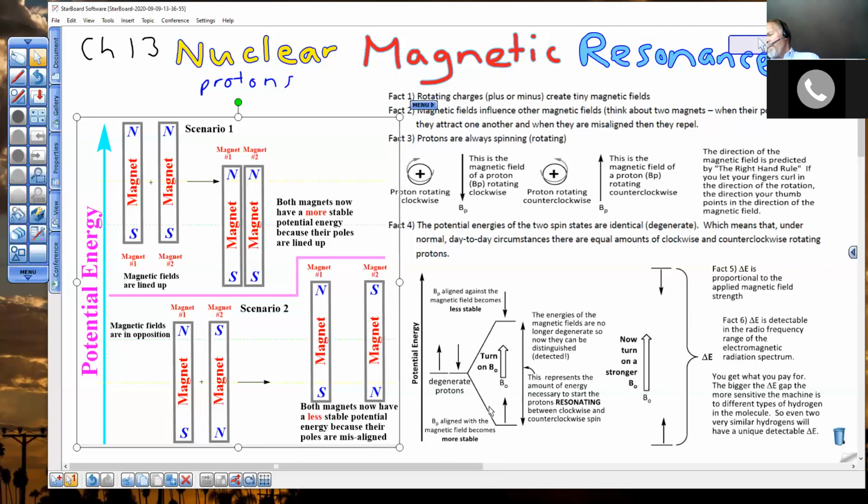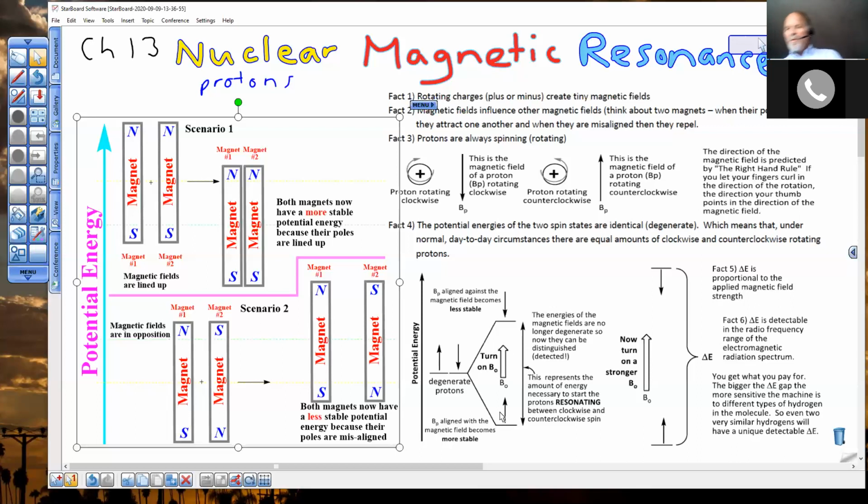And what you will do now is you will tweak, or how about pulse this proton here with the exact amount of electromagnetic energy to cause it to absorb energy and then go from this spin, which would be counterclockwise, to this spin, which is clockwise. And after you've done that, after a very short interval of time, it's going to say to itself, I don't like being like this, and flip its own spin back.